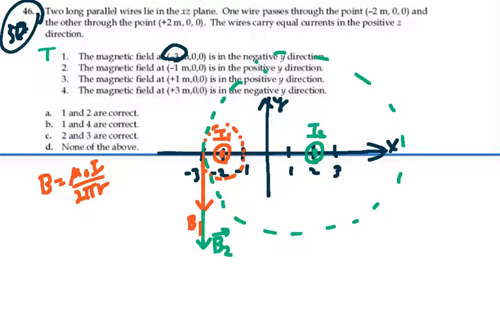Let's look at point -1. At -1, we're going to have a B1 going up like this, relatively strong because we're close to I1 still.